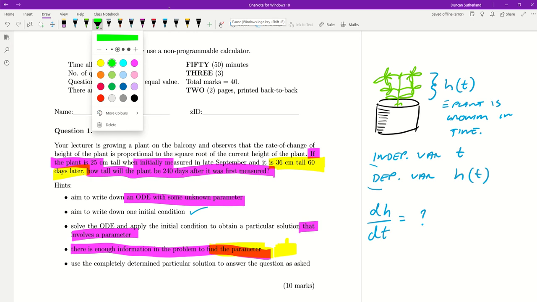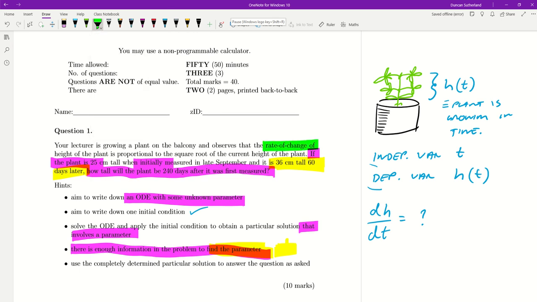The rate of change of height, that is dh dt, is proportional to the square root of height, right? The current height. So height as a function of time, height at some particular t. And that's enough information to complete my ODE.